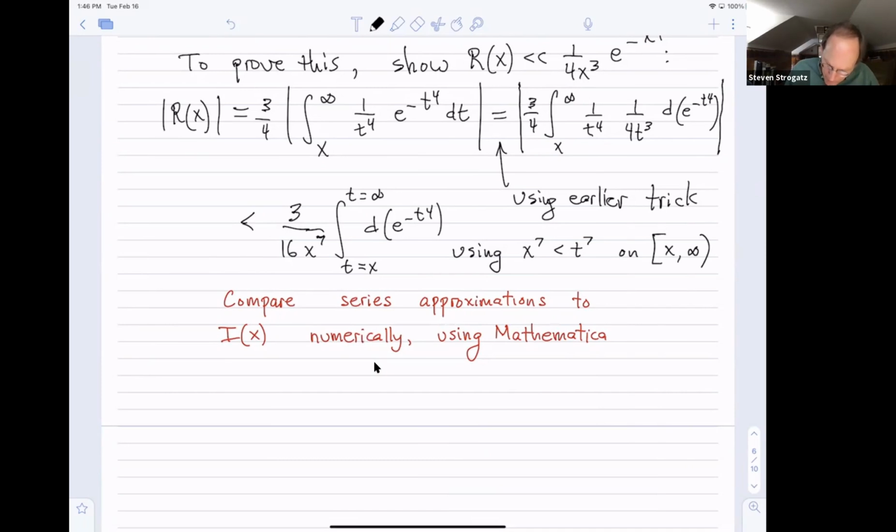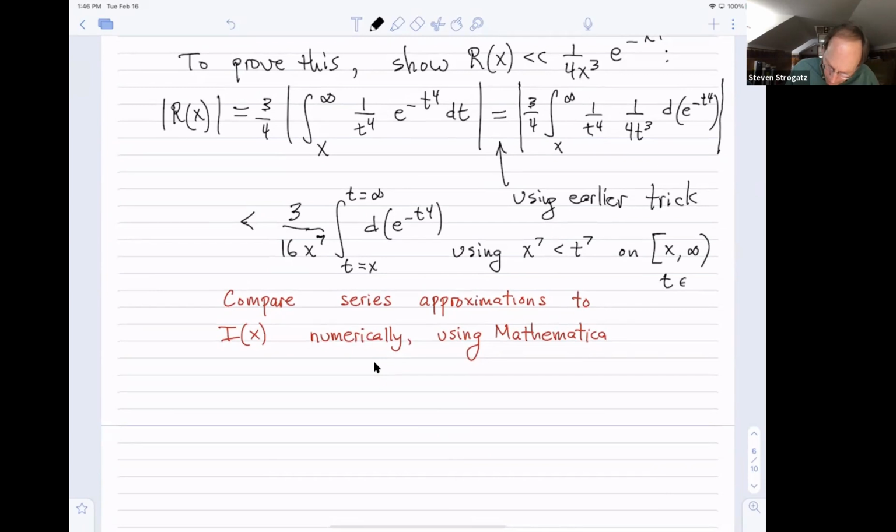So this refers to my t interval of integration. T is in this interval here.